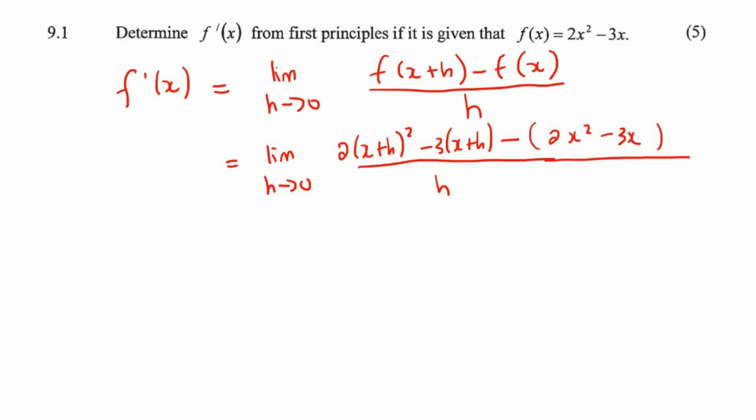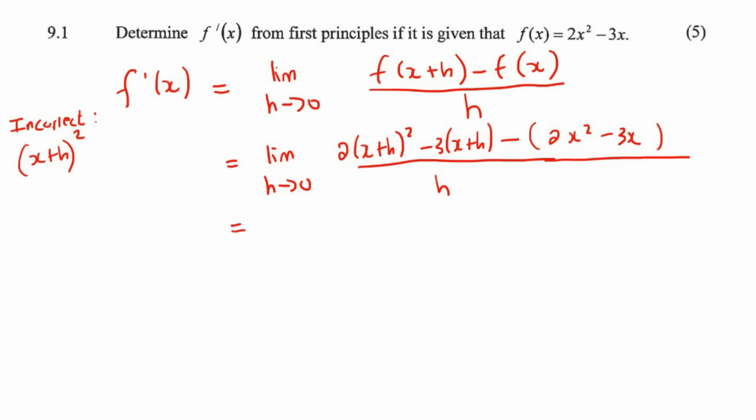Okay, so what a lot of learners do incorrectly here is they do the following. They say that (x plus h) squared, and let me just say here that this is incorrect, is x squared plus h squared. But guys, what you've got to remember is that if you have (x plus h) squared, it actually means x plus h and another x plus h, and then you multiply those two brackets out together.